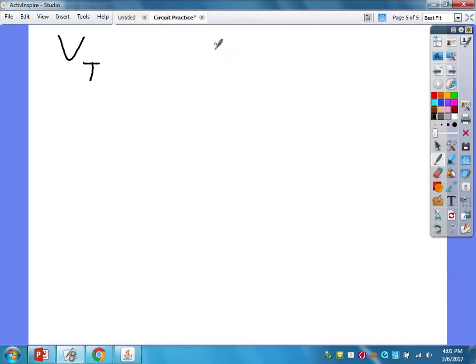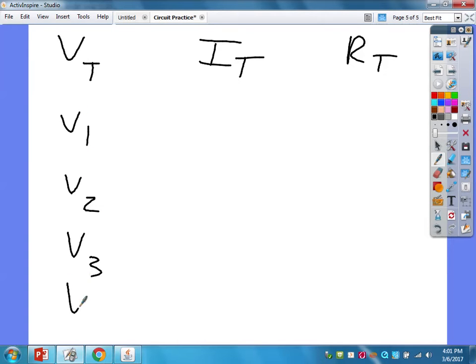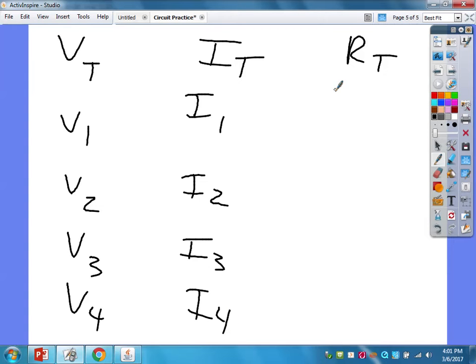We've got total voltage, total current, total resistance. Then we have all the different voltages, V1, V2, V3, and V4. We have I1, I2, I3, and I4. And we have R1, R2, R3, and R4.